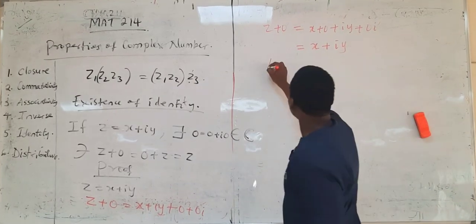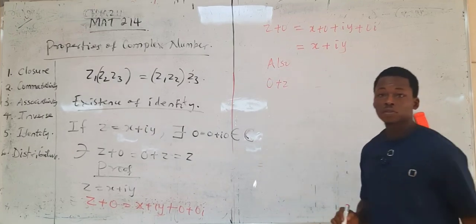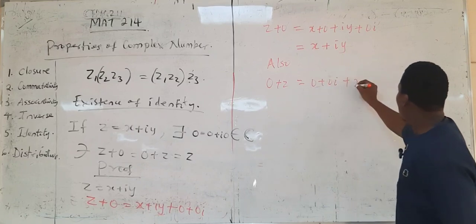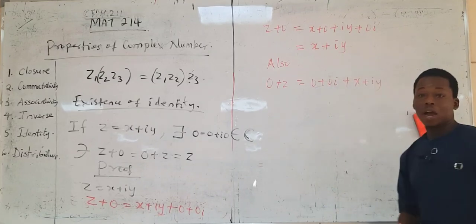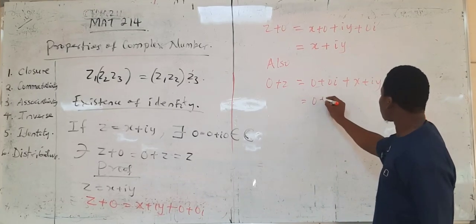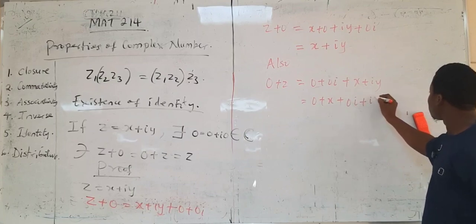Now also we have that 0 plus z is the same thing as 0 plus 0i plus x plus iy, which is the same thing as 0 plus x plus 0i plus iy.